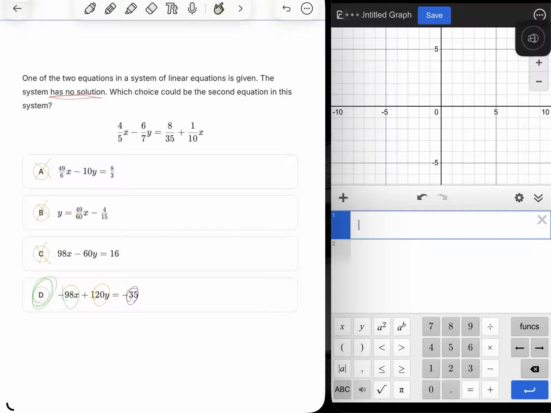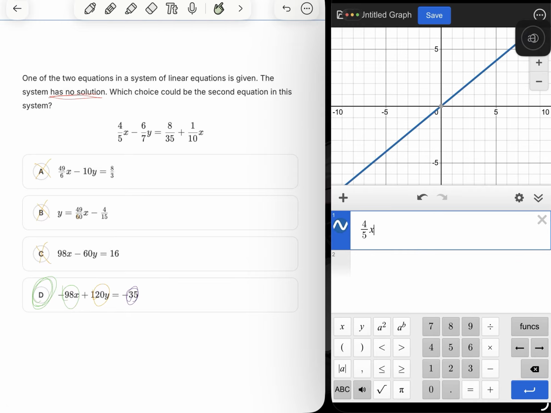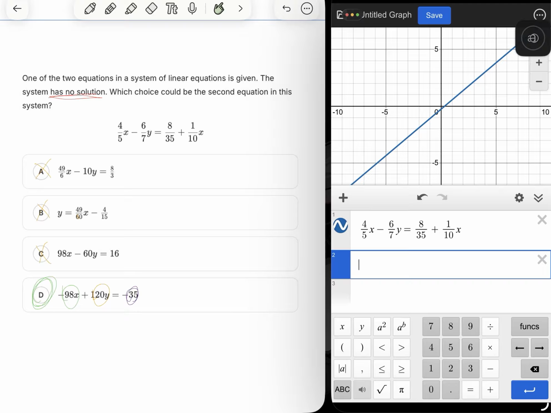Another way to do this problem is to type it into Desmos. So you have 4 over 5. Let's type the original one first. And when you do that, you get a line, of course. And essentially what you're going to do next is take each of these answer choices, type them in, and see which one doesn't give you any solution.